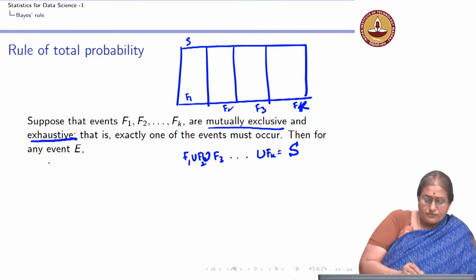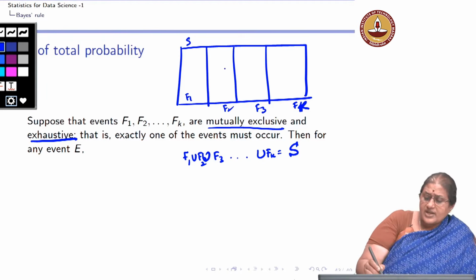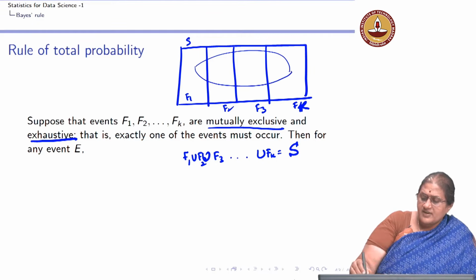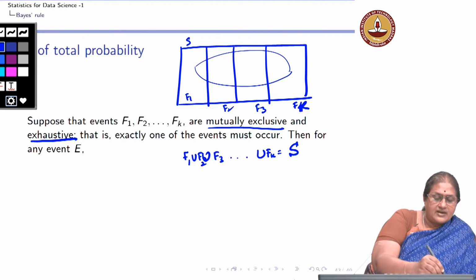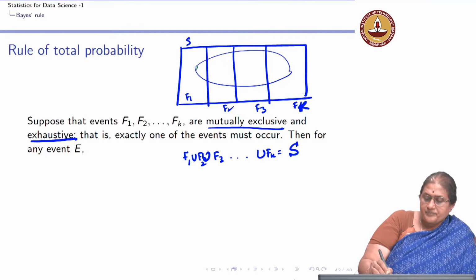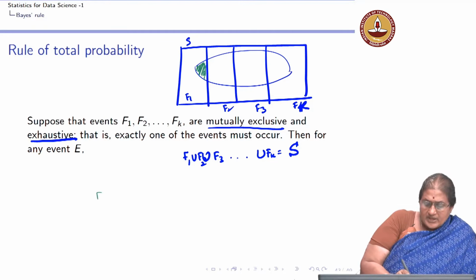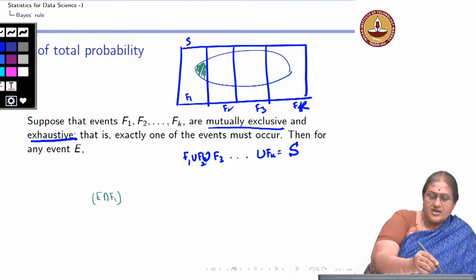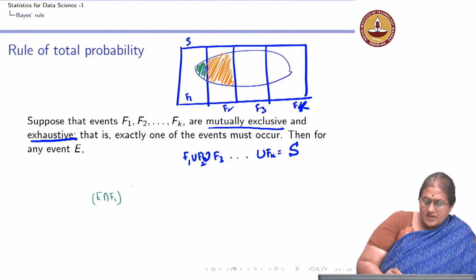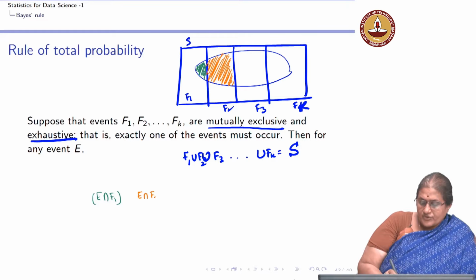Then for any event E, let me draw an event E here, and let me color it using a lighter color. So, this green area is now E intersection F1. Similarly, the orange area is E intersection F2.